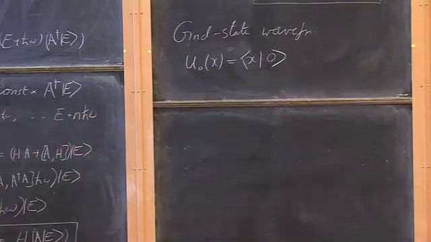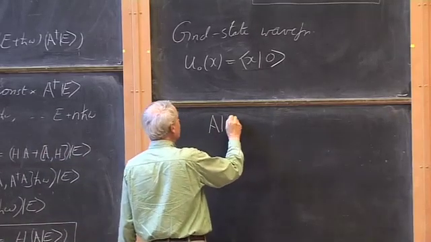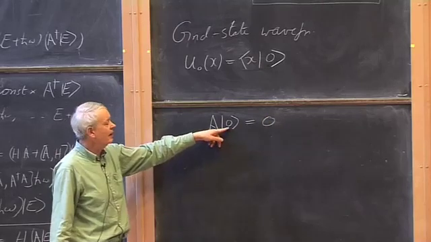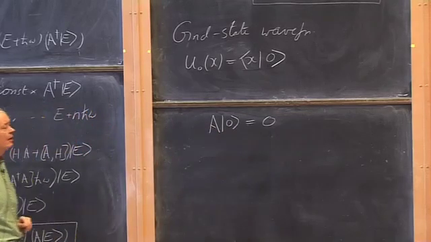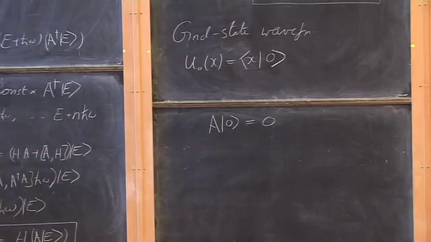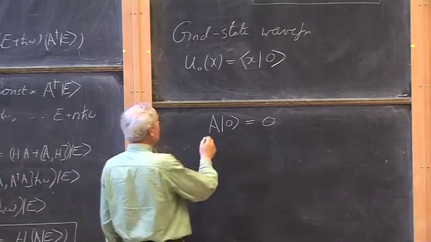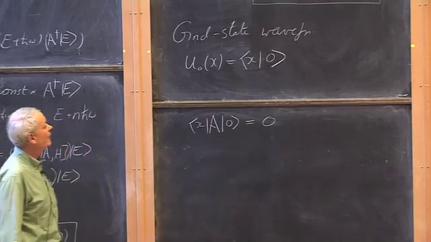And this satisfies a natty equation, because what we know is that A operating on |0> is equal to 0. The ground state is defined to be the one and only state that the destruction operator A kills stone dead. So if we multiply this equation on the left by <x|, we still have a valid equation.